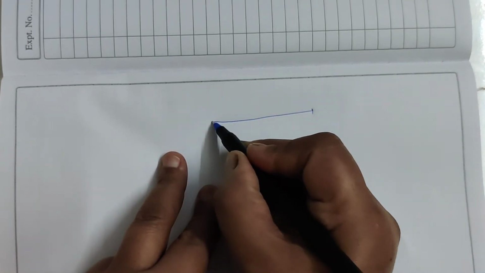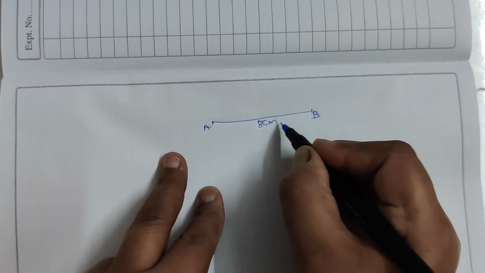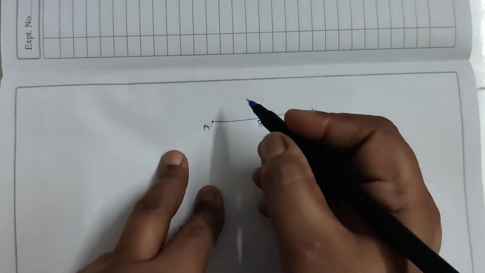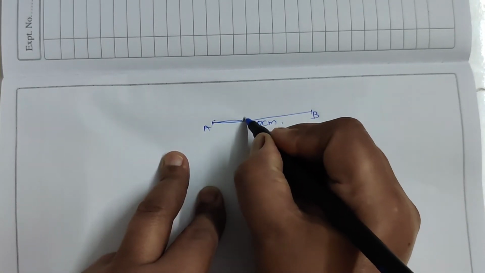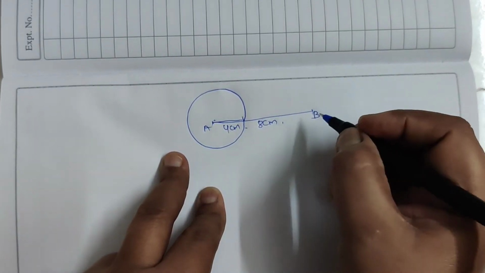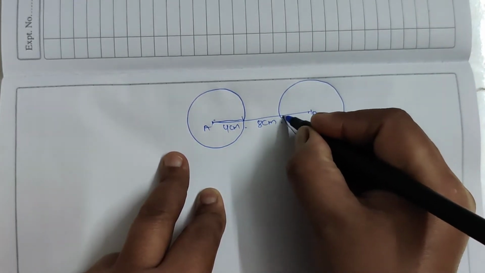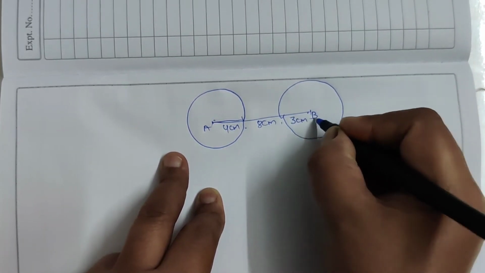Take a line AB of 8 cm. Now taking A as a center, take a circle of 4 cm, and B as a center, a circle of 3 cm. These are the circles of 4 cm and 3 cm.